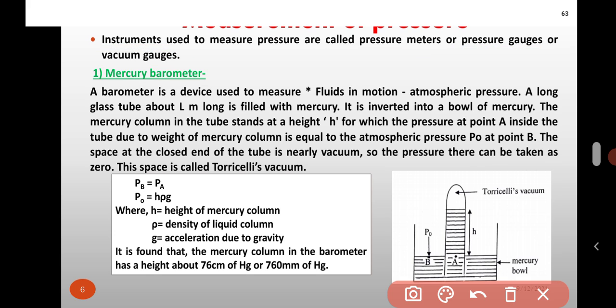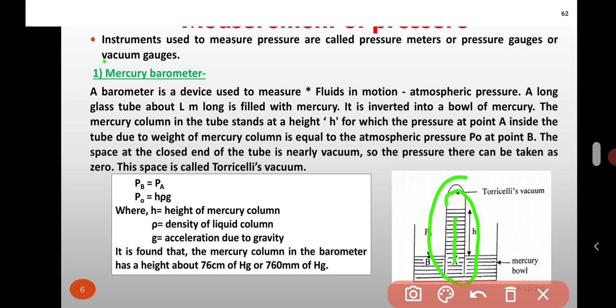First one is the mercury barometer. A barometer is a device used to measure atmospheric pressure. A long glass tube about L meter long is filled with mercury.